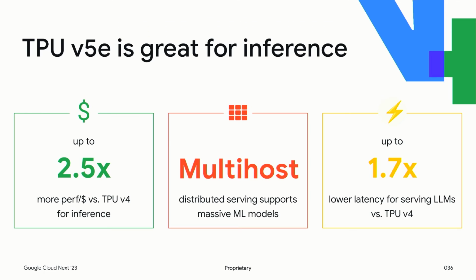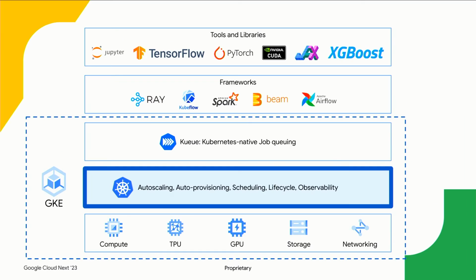With up to 2.5x more performance per dollar for inference workloads, and up to 1.7x lower latency for serving LLMs compared to the prior generation, v5e can provide affordable, low latency serving for your ML models. On top of our inference optimized hardware, GKE adds amazing Kubernetes goodness to make serving models fast, reliable, and affordable.